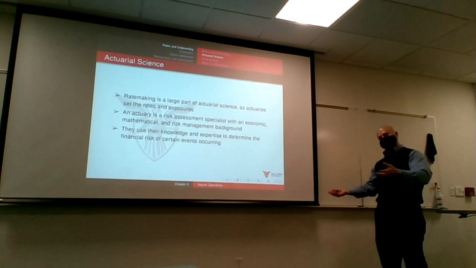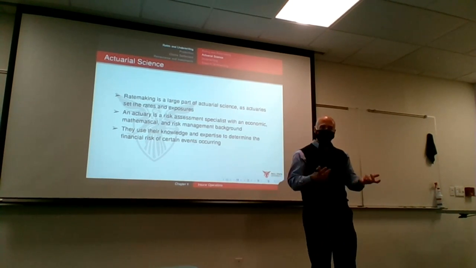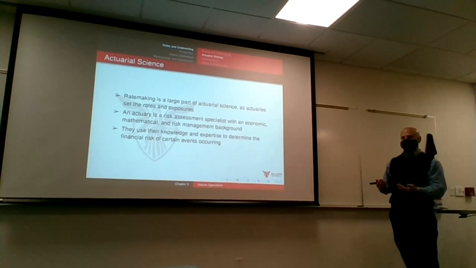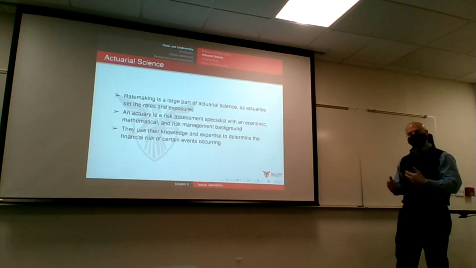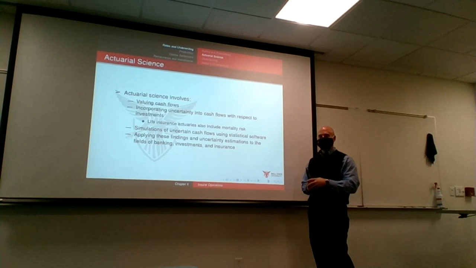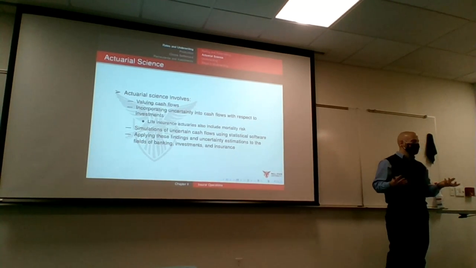So they have statistical tools, mathematical tools, econ and finance background. Okay, so highly specialized and highly focused on risk assessment or rate making. So what's the financial risk of this loss? So this will be valuing cash flows, looking at shocks to those cash flows.